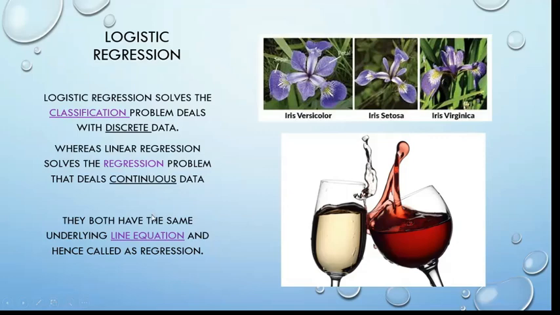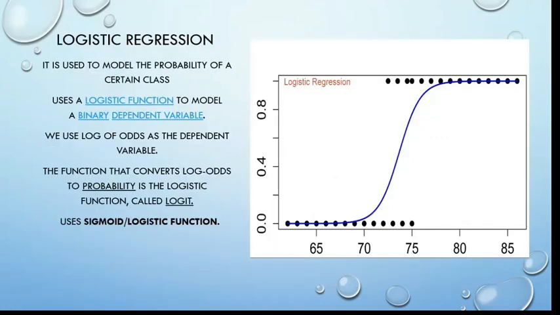So now let's understand further. From this image we understand that this is logistic regression, and it models the probability of a certain class. How does it do it? When it converts log odds to probability, it uses a logit function, which is a logistic function.